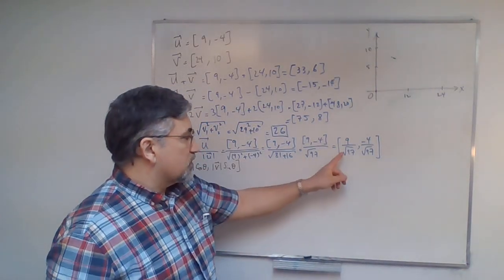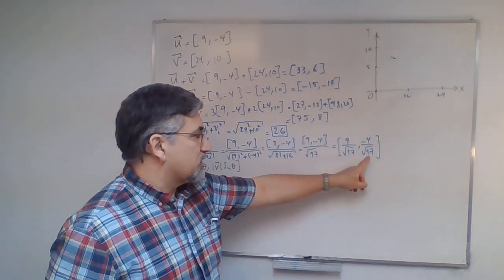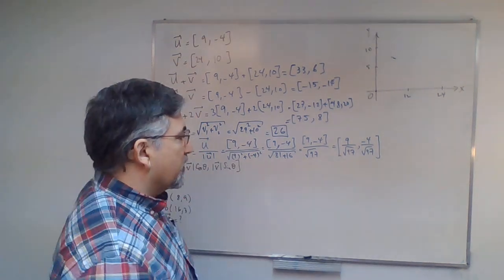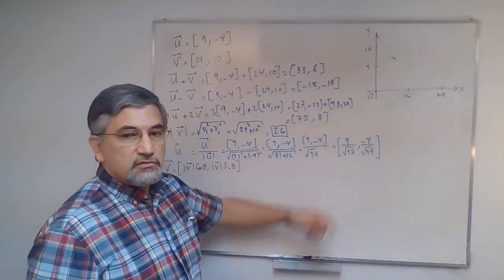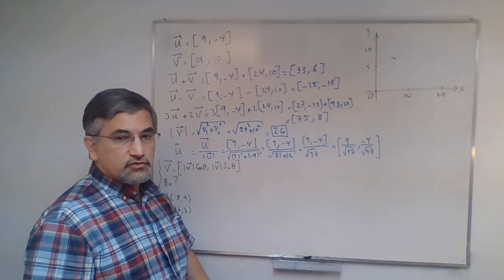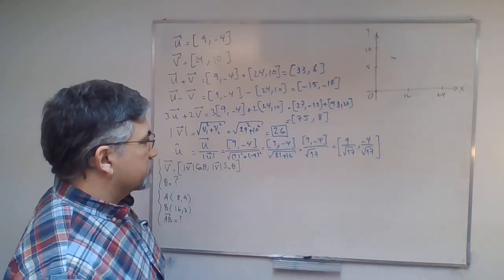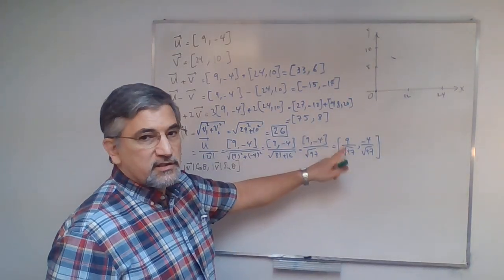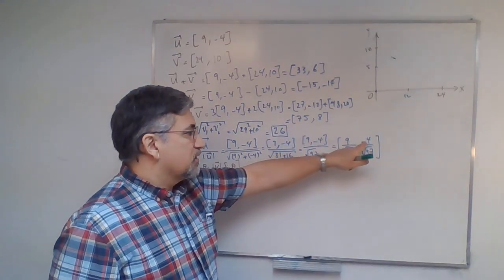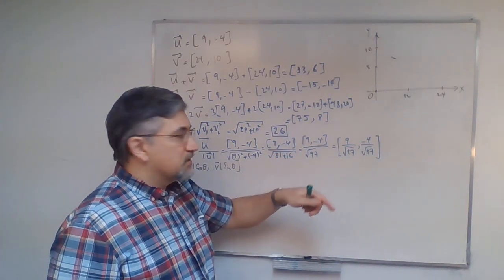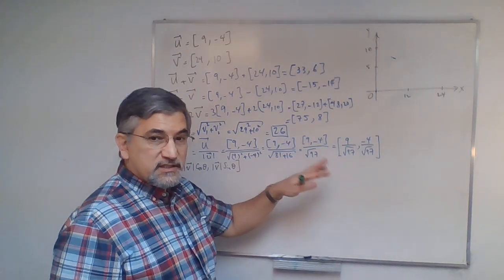And if you square this component, if you square that component, add them up, take the square root, that would be equal to 1 for sure. So we can check that 9 squared is 81, and 4 squared is 16. 81 plus 16 is going to be 97.